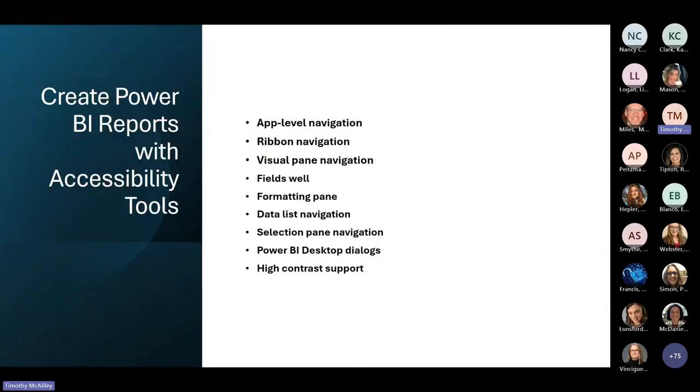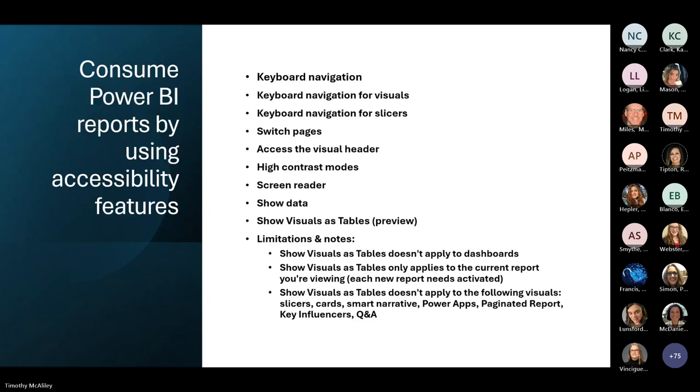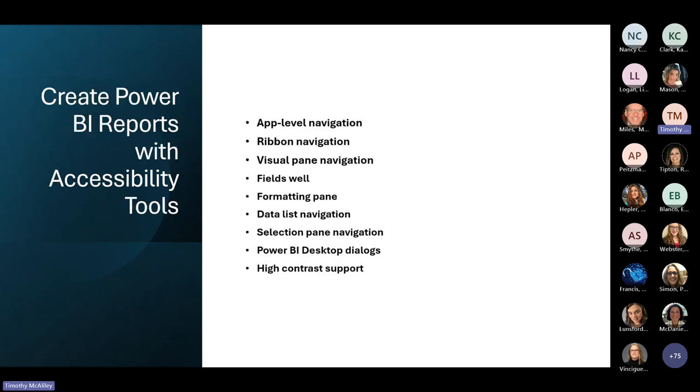Now, creating Power BI reports with accessibility tools. Sorry about that. There's app level navigation, being able to navigate inside of the Power BI Desktop. There's being able to navigate inside the ribbon. There's being able to navigate inside the visualizations in some sort of a tab order.